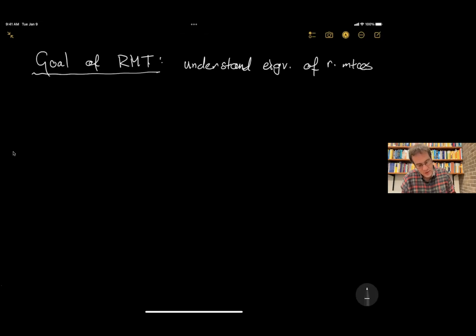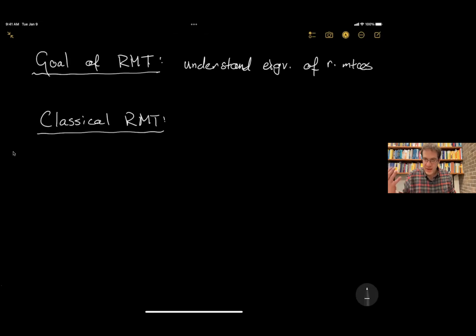So in classical random matrix theory, if I'm going to caricature it a little bit, basically classical random matrix theory is concerned with a very narrow class of models of random matrices. Typically, these random matrices contain independent and identically distributed entries, or nearly independent and identically distributed entries, or another big class of random matrices are those that are invariant under symmetry groups, for example, under orthogonal transformations or under unitary transformations.